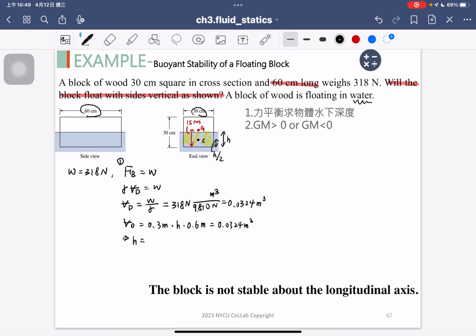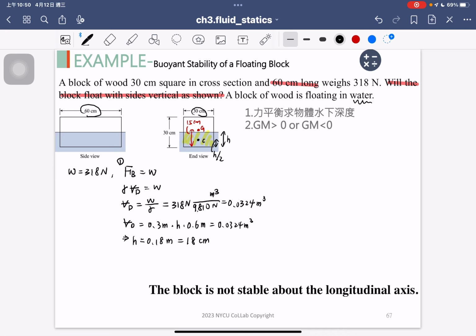So 0.0324 divided by 0.3 and divided by 0.6. So H will equal 0.18 meters. Okay, and then you can convert to centimeters, which is 18 centimeters, right?